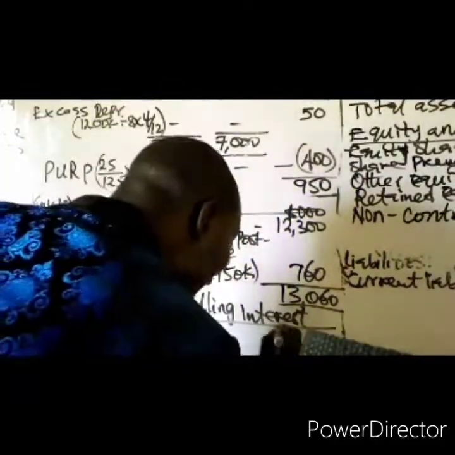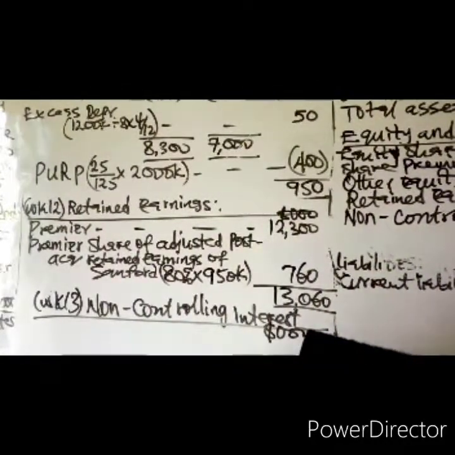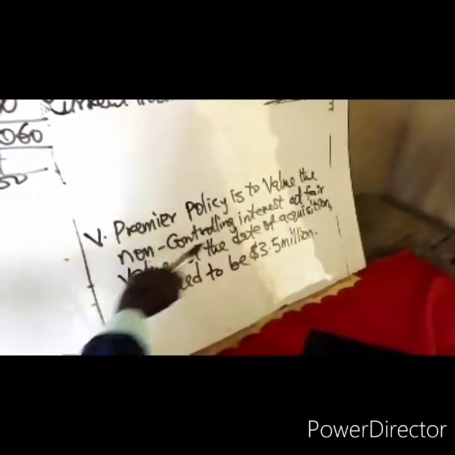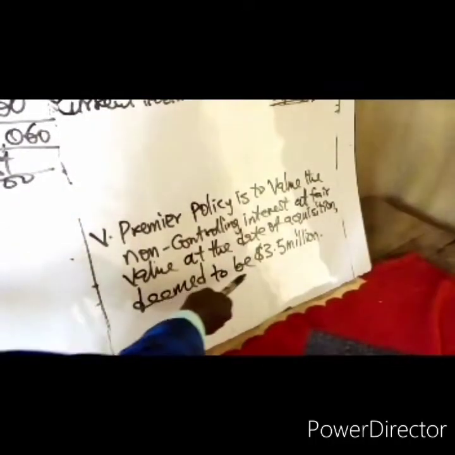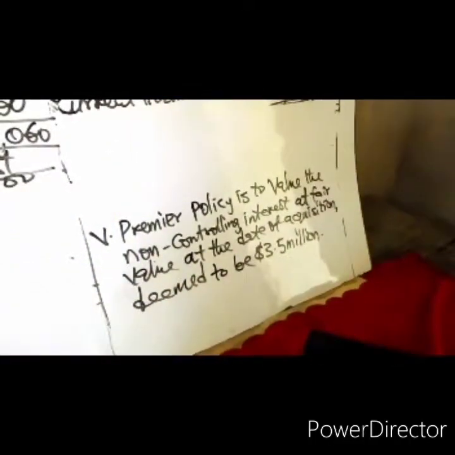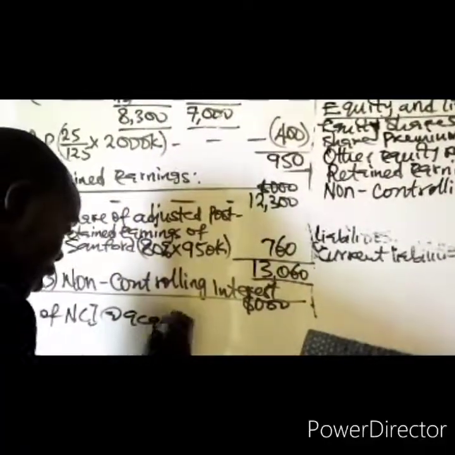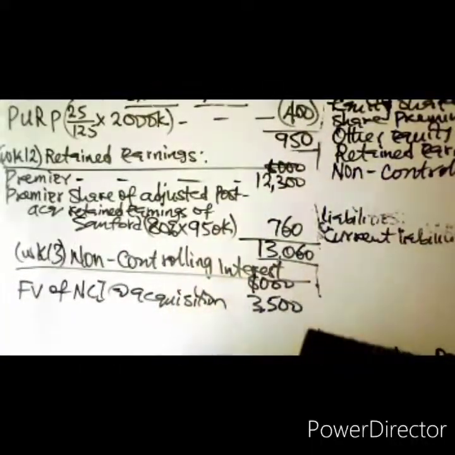So you start with the NCI at acquisition of the subsidiary. Then you check your note 5. Premier policy is to value the non-controlling interest at fair value at the date of acquisition, deemed to be $3.5 million. So we now have fair value of non-controlling interest at acquisition, and that is $3.5 million. That is in note 5.